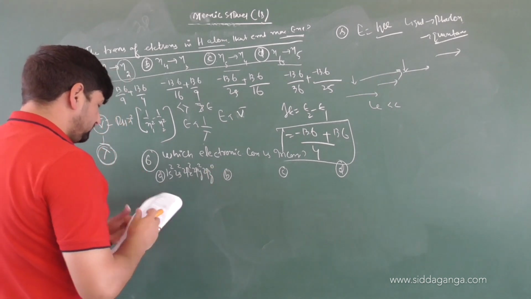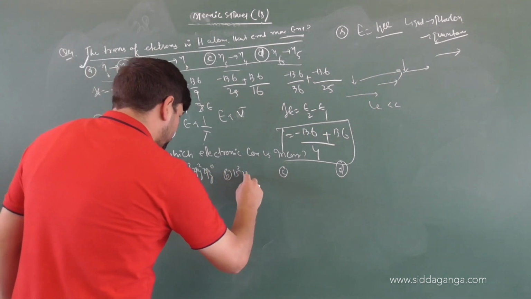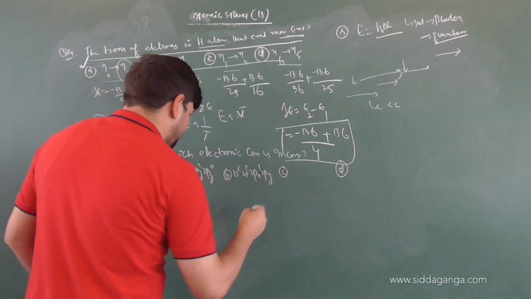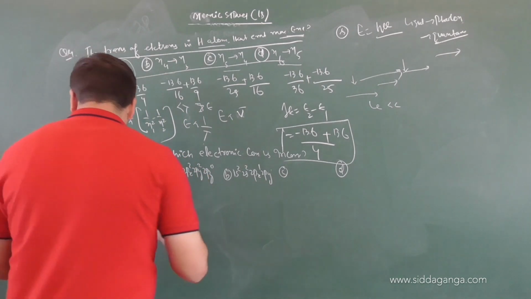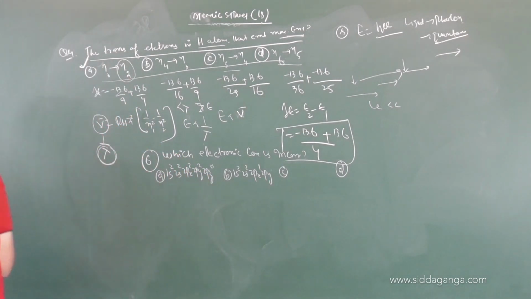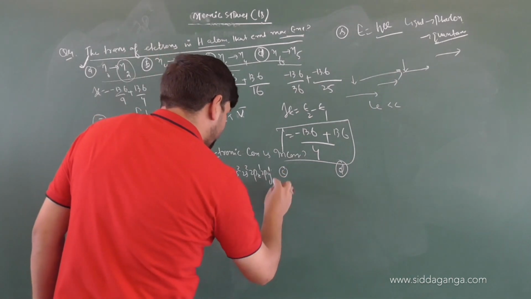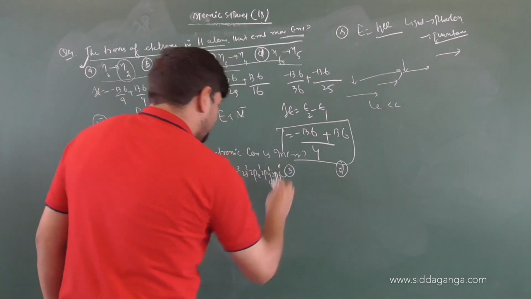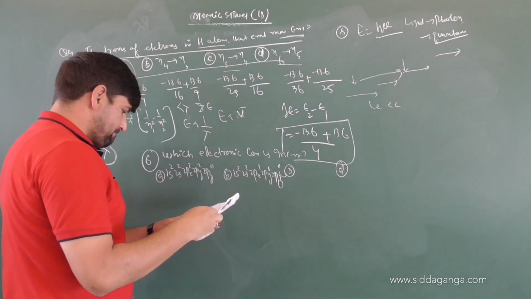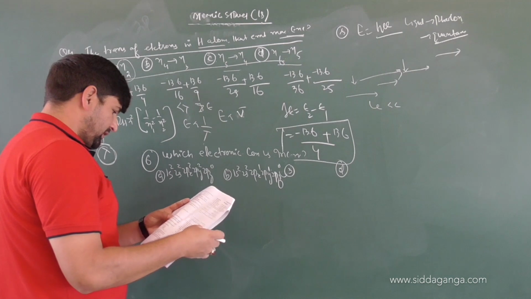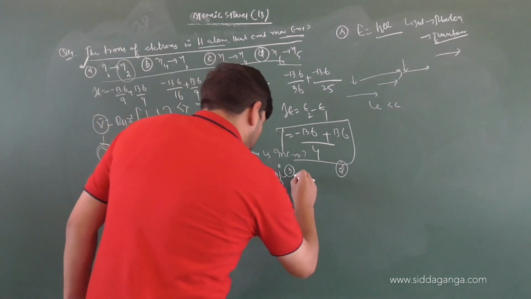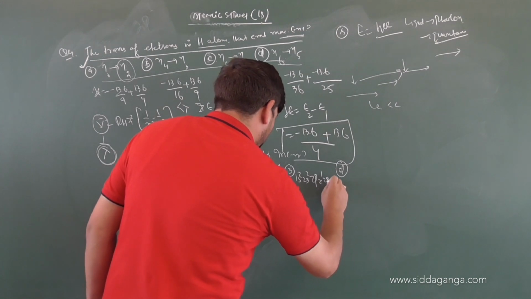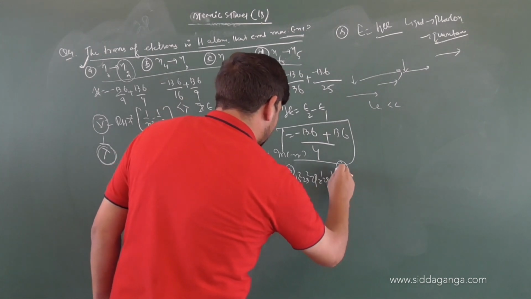Next one is 1s2, 2s2, 2px1, 2py1 and 2pz0. Third one is 1s2, 2s2, 2px1, 2py1 and 2pz1.